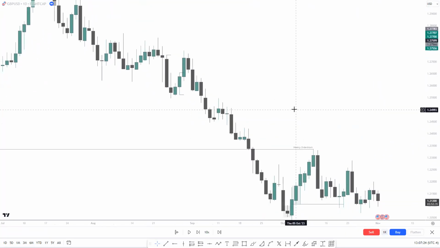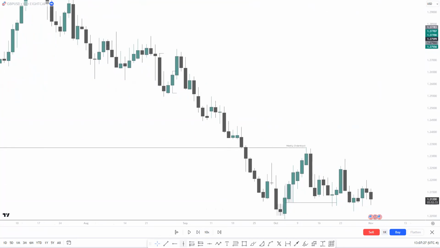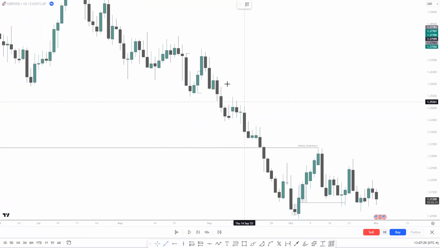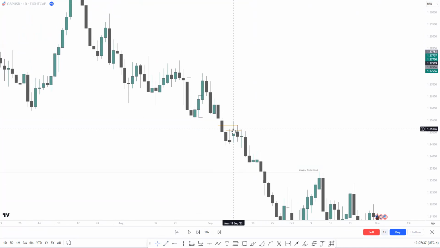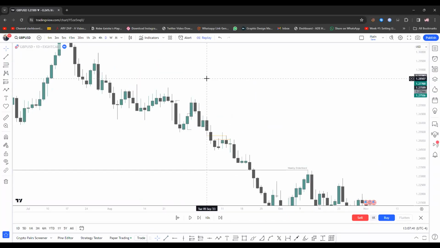Okay, so let's go into the top-down analysis. As I've said, you have to identify order flow, etc. So now, for example, there is internal to external range liquidity. Price taps the internal range liquidity. Now we are going to go into the 1 hour chart.